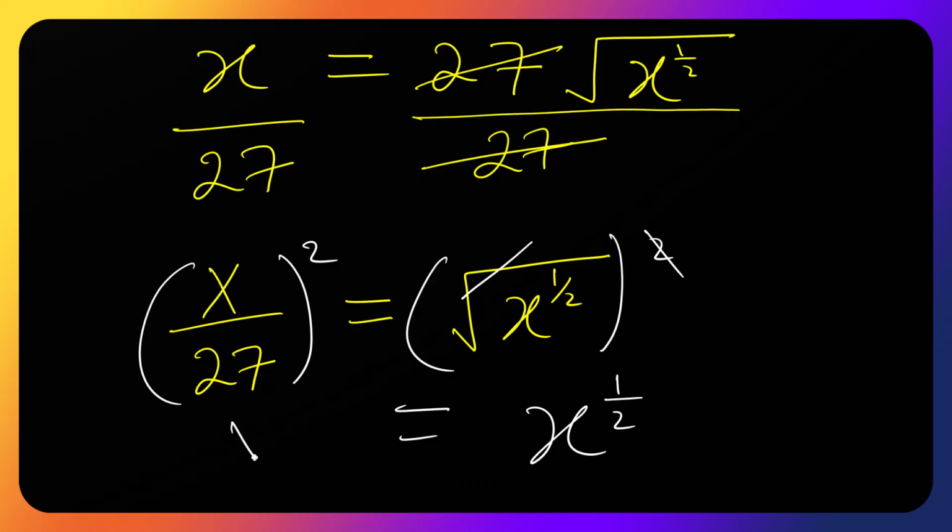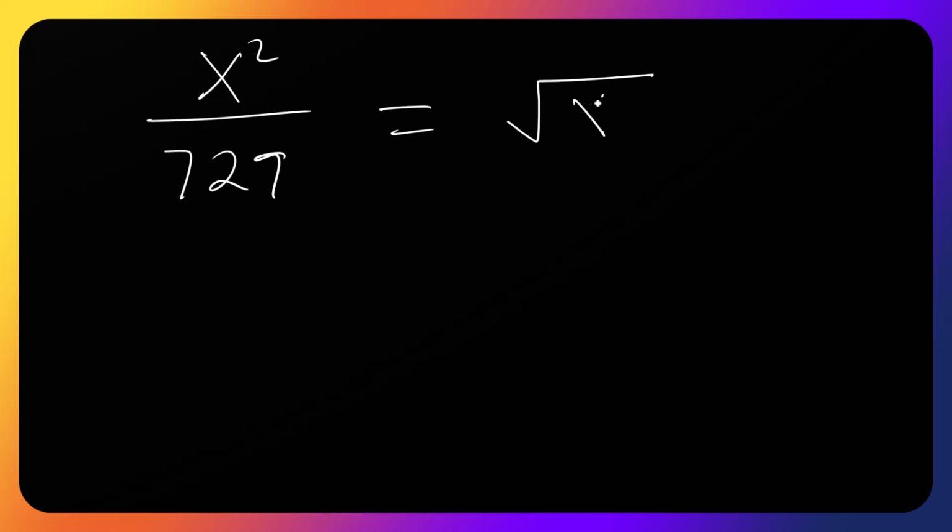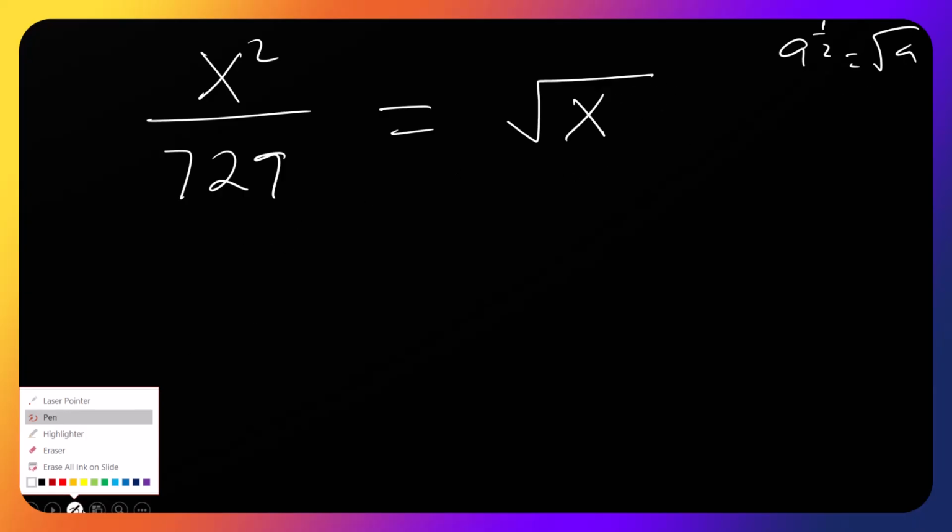and we have x squared over 27 squared, which on the calculator will be 729. So we have x squared over 729 equals, so we can still make it the square root of x, because an exponent of half is the same as the square root, or you can maintain it then move on.